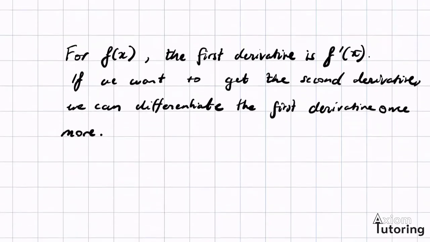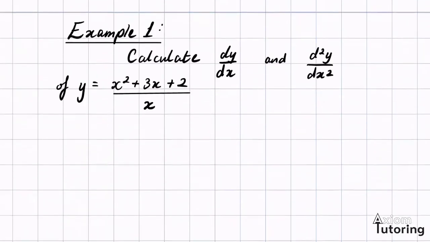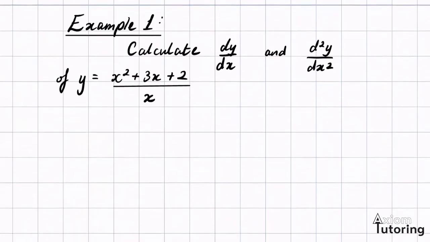Okay, so then what that means is we can either differentiate f of x twice, or we can differentiate f dash of x once to get the second derivative. So now let's try calculating the second derivative.